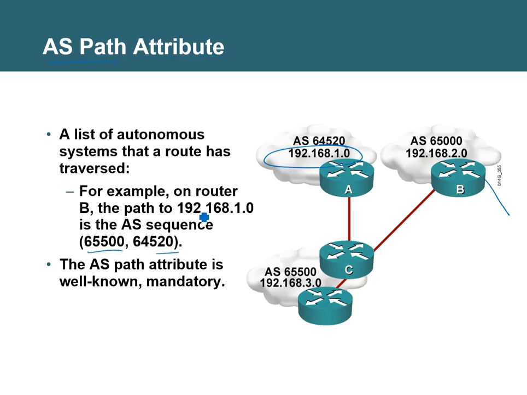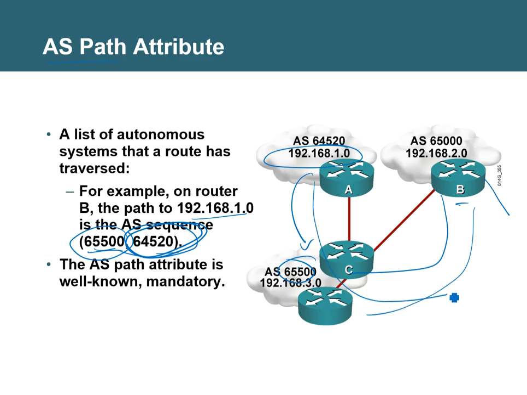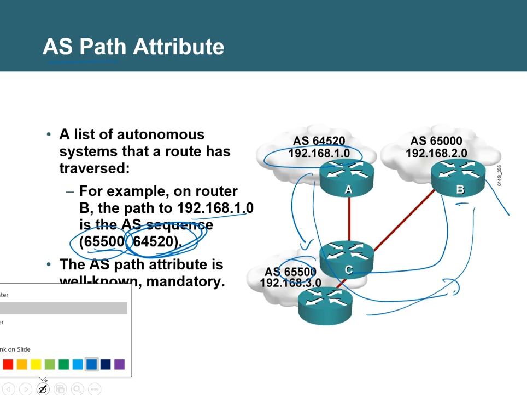B will know that this network is coming from the immediate autonomous system 5500, and that autonomous system received it from 64520. So B knows the exact path via which the update has come.